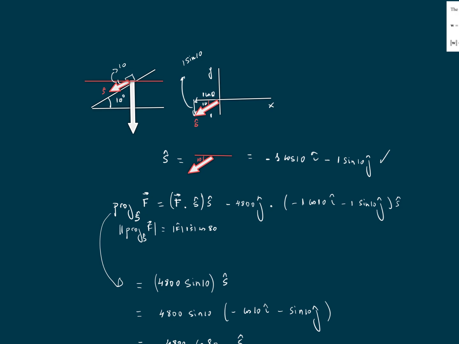What is F? F is minus 4,800 j. What is the unitary vector S? It is the one that we found. And what is the dot product of this? This part you multiply: j scalar i is 0, j scalar j is 1.